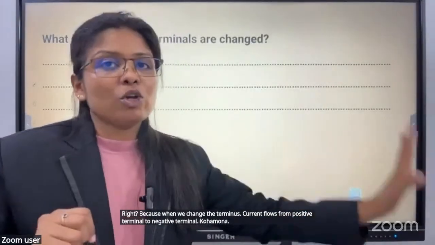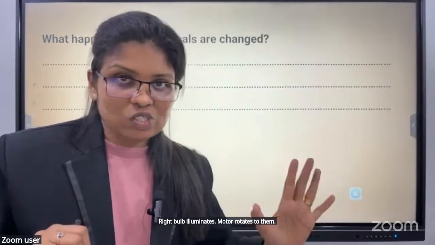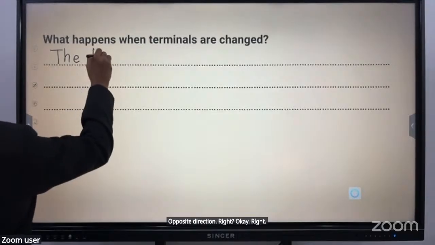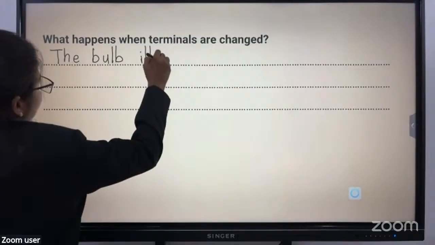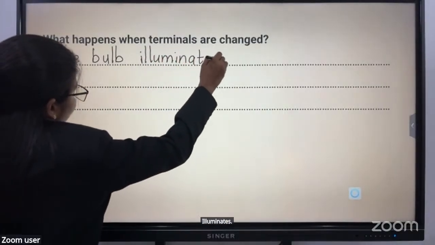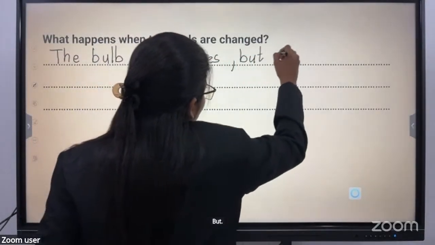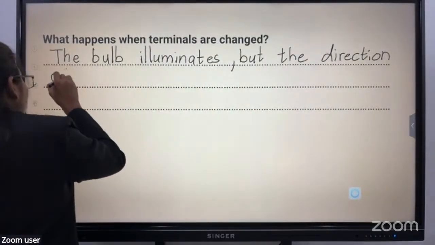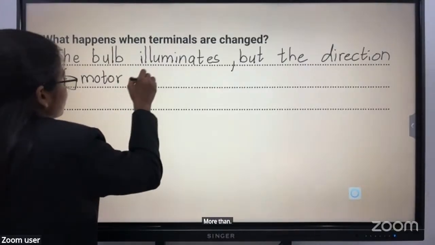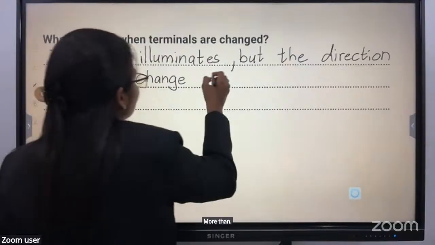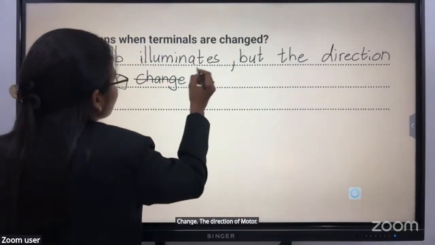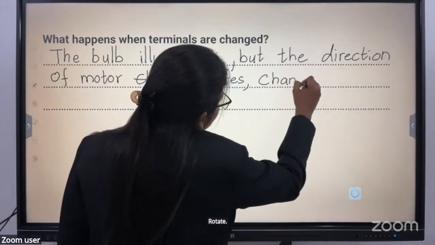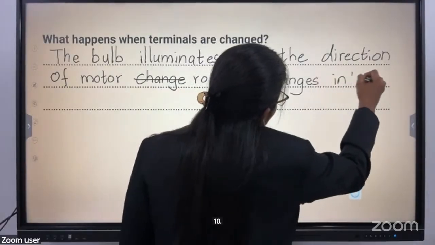Anyway, the bulb illuminates, but the direction of the motor rotation changes into the opposite direction.